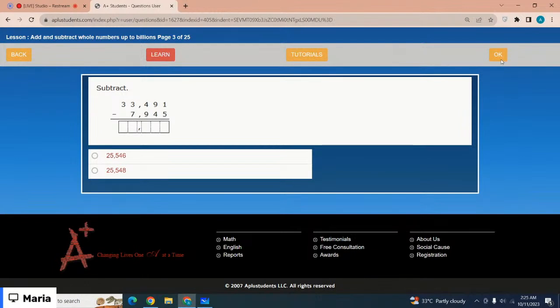You have to subtract. Which option is the correct one?